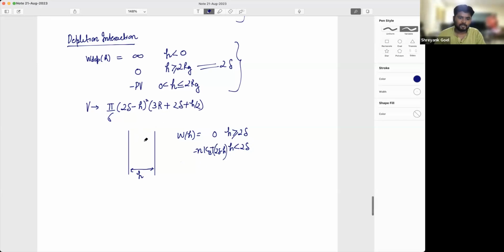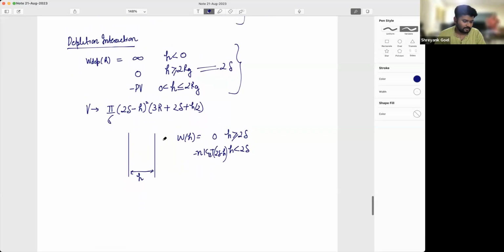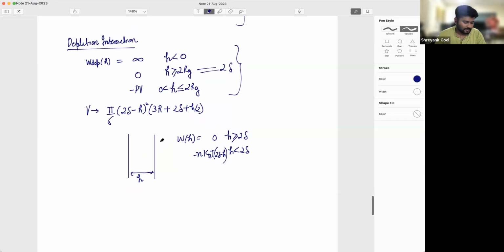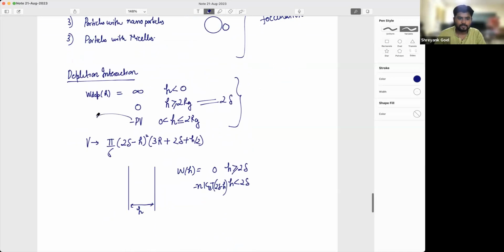That is for the case when the colloids are plate-like or colloidal rods. For this case also P is n kBT, where n is the number of polymer molecules.